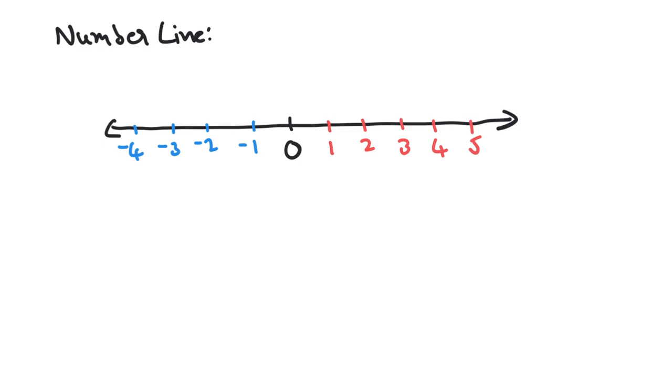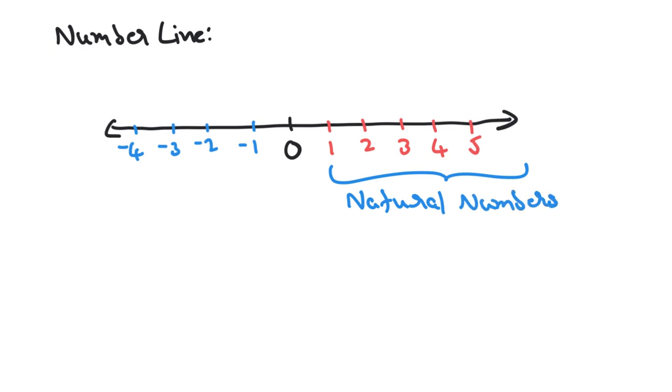Now all the numbers that begin from 1 and upwards are called natural numbers. All the numbers that begin from 0 and go on in the positive direction are called whole numbers.